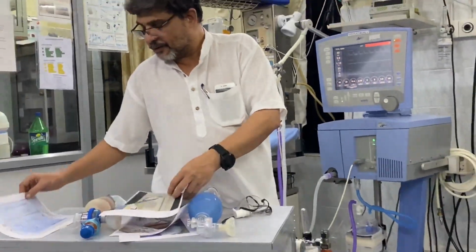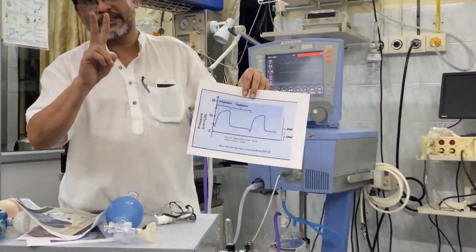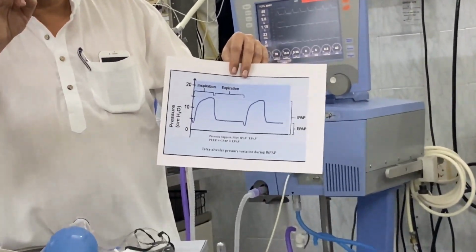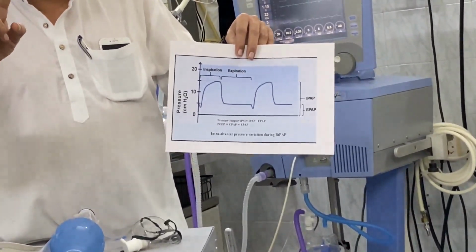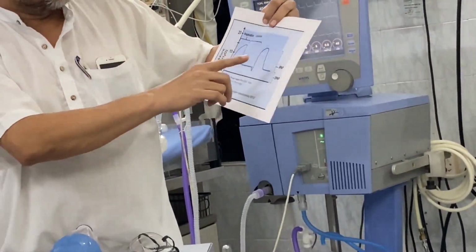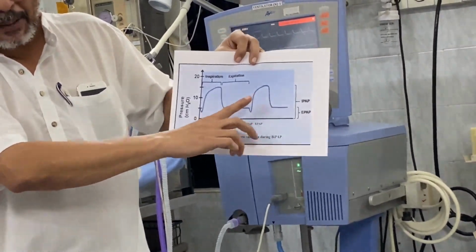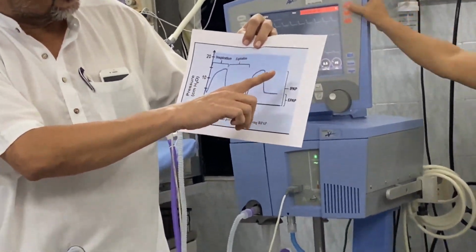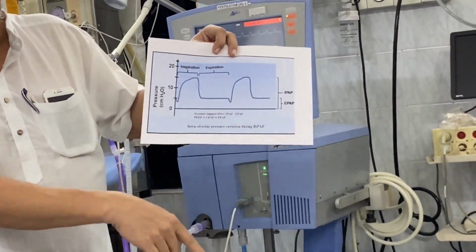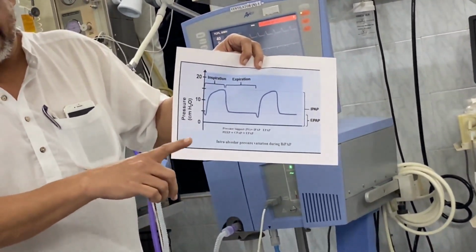So after free flow oxygen we use either simple CPAP or high flow nasal cannula oxygen. After that we use a BiPAP machine. In a BiPAP machine you give dual pressures. You give peak inspiratory pressure and expiratory pressure. So you get something known as IPAP and EPAP. IPAP is inspiratory positive airway pressure and EPAP is expiratory positive airway pressure.